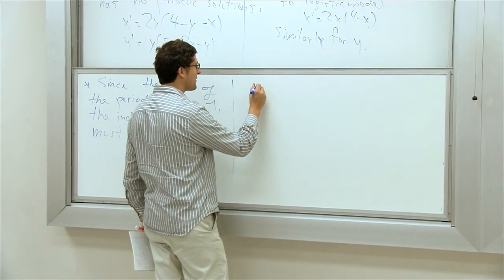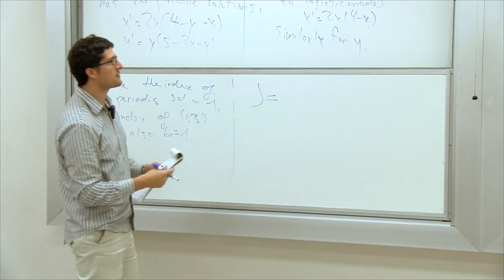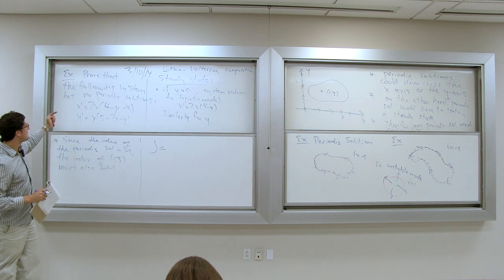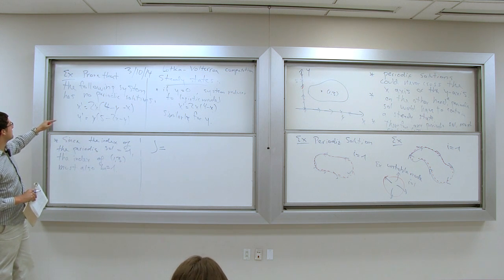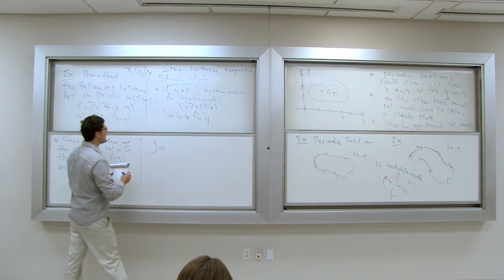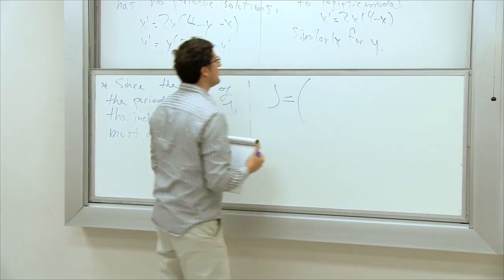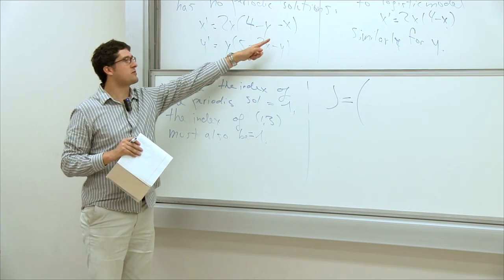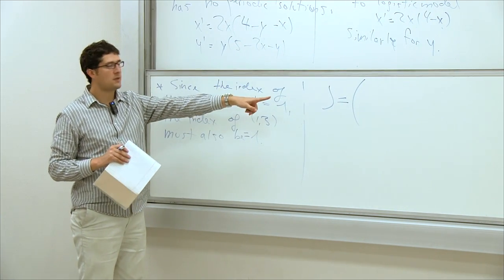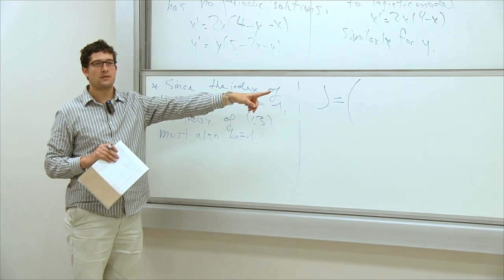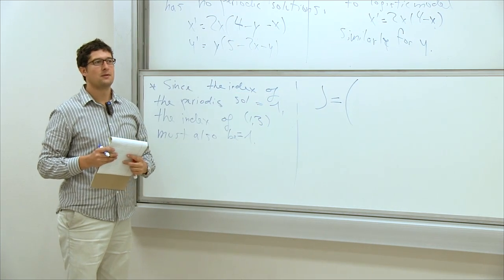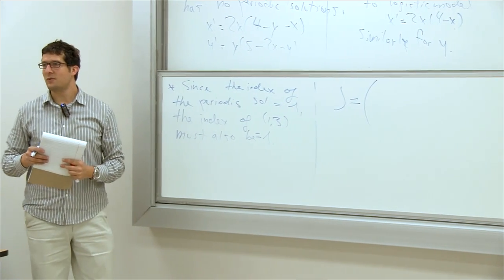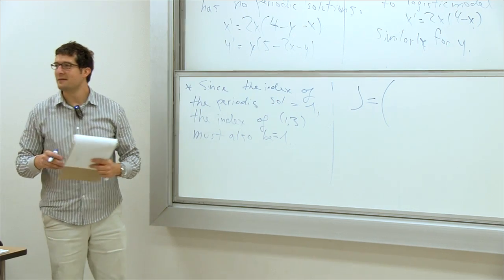Okay, let's calculate the Jacobian around this steady state. We'll find out whether that steady state is a saddle or not. So the Jacobian is, let's see, so this is 2x times 4, 2x minus y, 2x times minus x. So what would be the Jacobian in general? Who wants to try? Natalie?